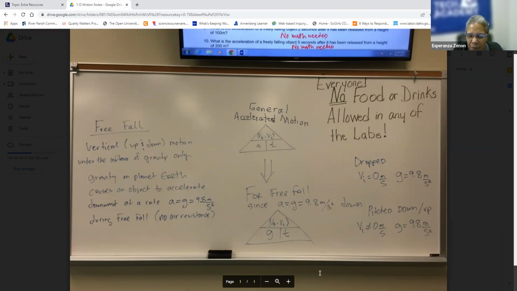So you have to be mindful of that, because a lot of times students tell me that if the object is moving up, gravity must be accelerating it up. Absolutely not. Gravity is always accelerating the object down, but it can move up or down.